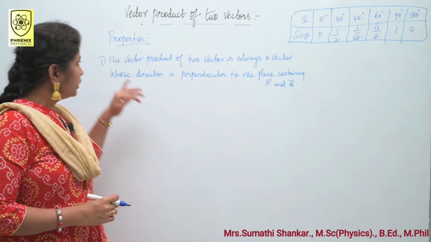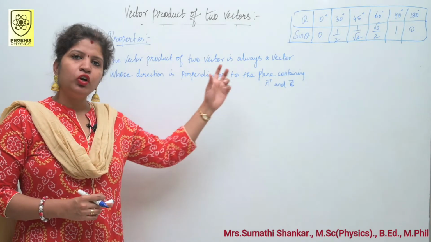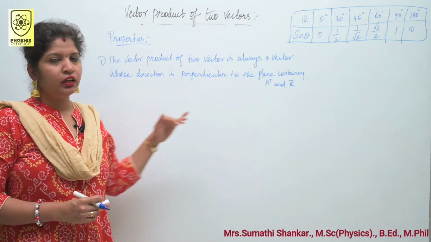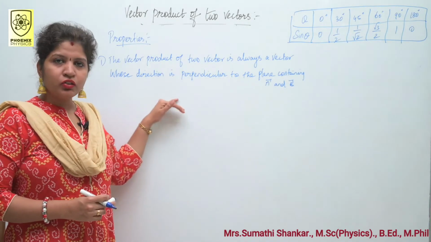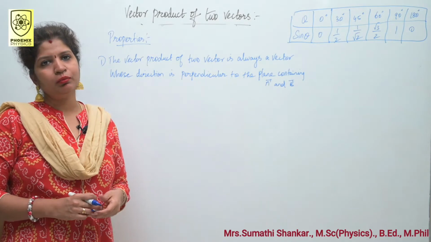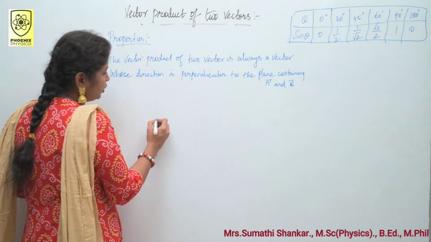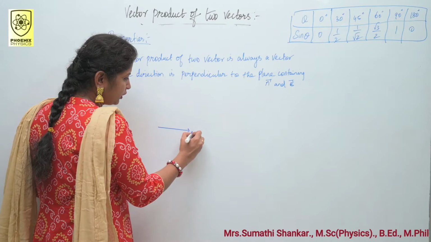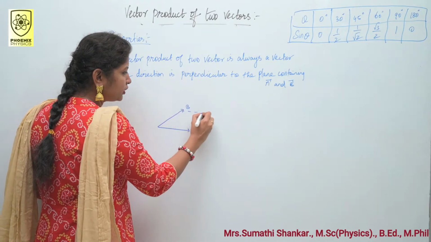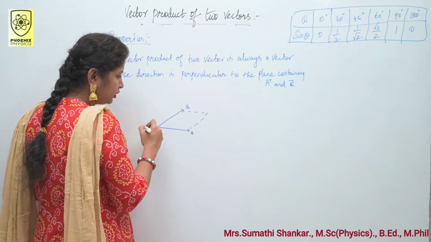First one, the vector product of two vectors is always a vector whose direction is perpendicular to the plane containing A vector and B vector like this. So this is my A vector and this is my B vector. Both the vectors are in a plane.